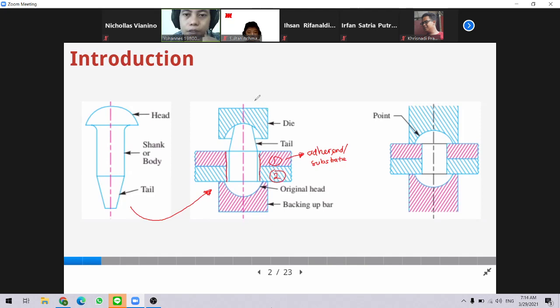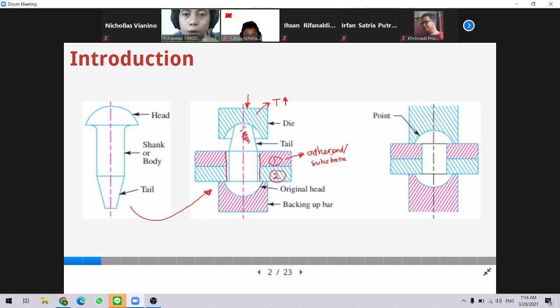Then you put the die here. It can be at high temperature or at room temperature. So maybe the temperature can be increased in order to melt this tail.